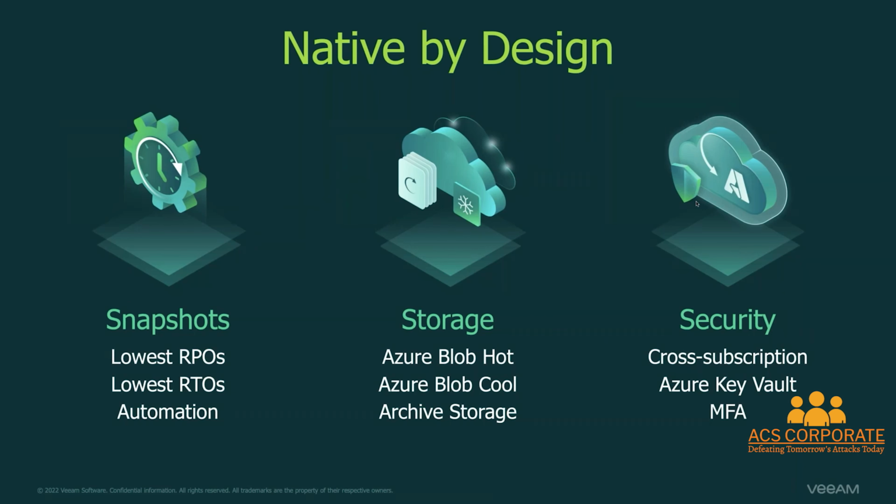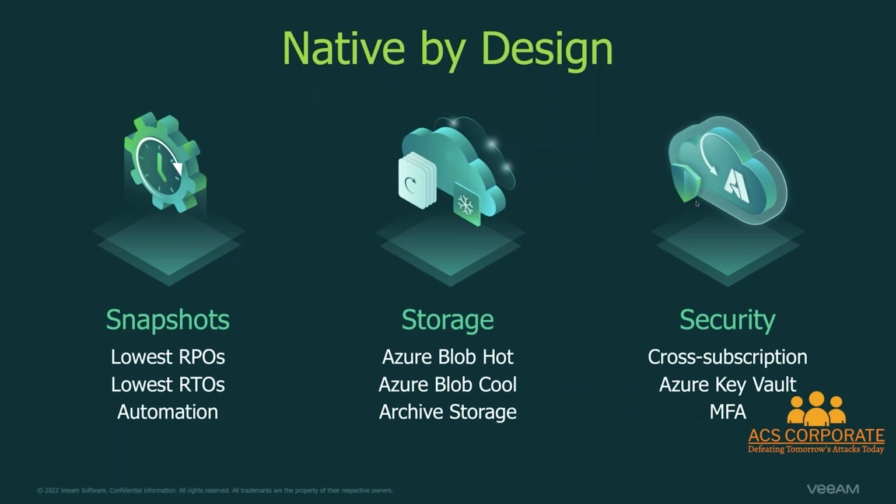Snapshots are pretty much the threshold for being deemed native. Snapshots are great for low RPOs, right? We can schedule them very, very frequently. They're also great for low RTOs. It's much quicker to recover from a snapshot than it would be, say, an image-based backup stored in some sort of object storage. And then we can wrap all of this up with policy-based automation to make, I guess, a product that you can just set and forget. You don't need to babysit backup 24/7.